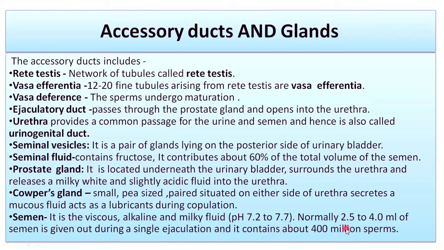Normally, 2.5 to 4.5 ml of semen is given out during a single ejaculation, when the penis enters the female vagina. That portion of semen contains about 400 million sperm. How many? 400 million sperm.